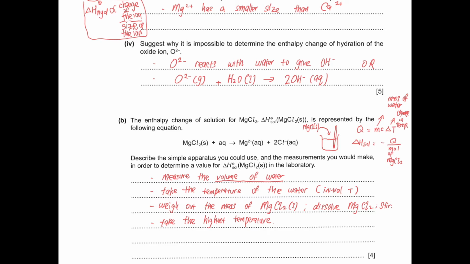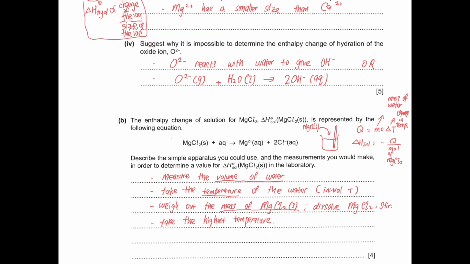The second measurement that we are taking is the temperature, the initial temperature, so the temperature of the water. The third measurement that we are taking here is the mass of magnesium chloride that dissolves in water. Of course after that we are going to change it to mole.